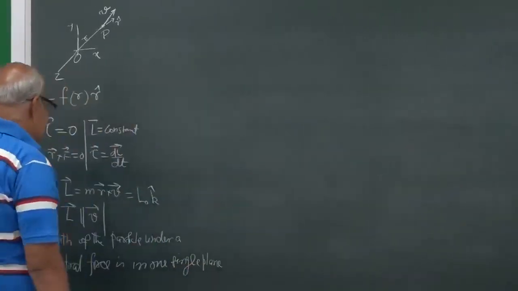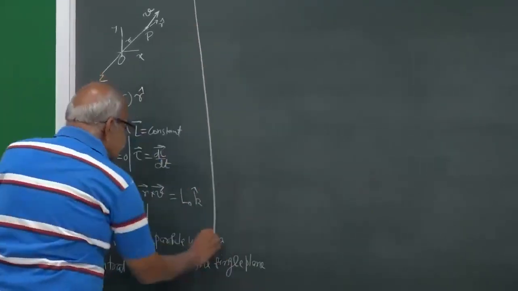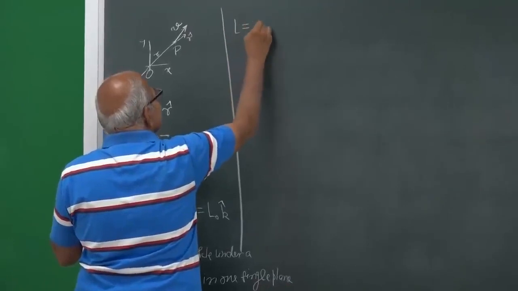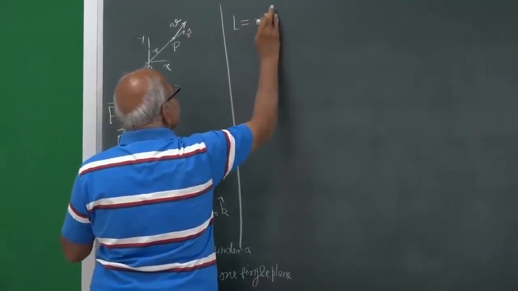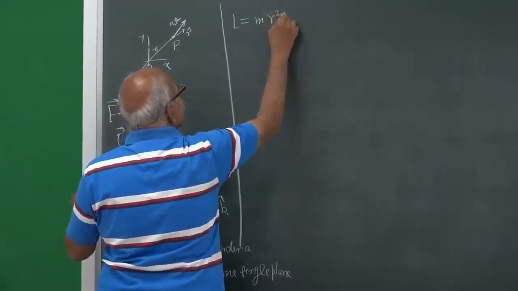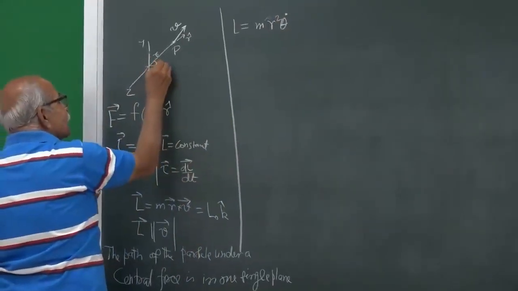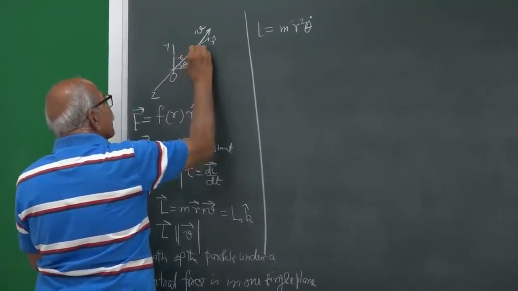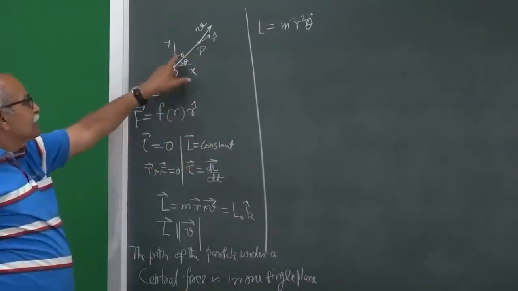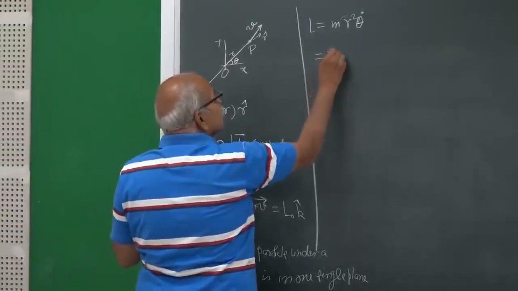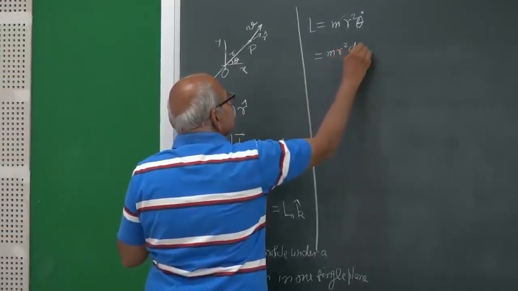Then the other thing we found is that the magnitude of L is m r square theta dot, okay. This angle is known as theta and this distance is known as r. So, r square and theta dot means d theta dt, m r square d theta dt.